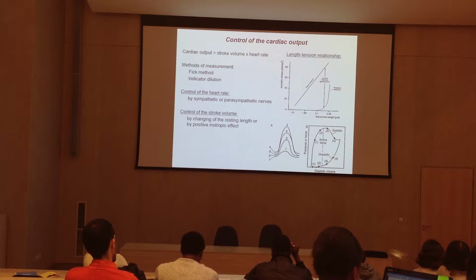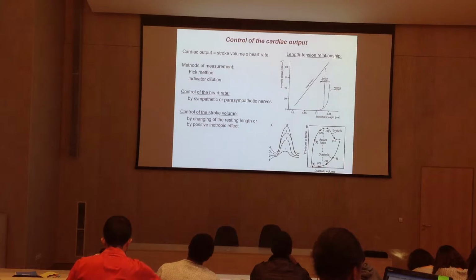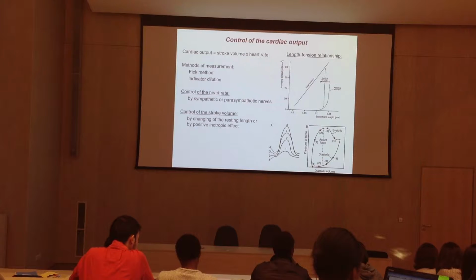Now, what about the heart rate? We mentioned that the heart rate can be changed only by the autonomic nervous system. The sympathetic fibers will increase the heart rate, the parasympathetic fibers will decrease the heart rate. Simple. If the heart rate drops down to half of it, but the stroke volume doesn't change, in this case the cardiac output will be half of the original value.